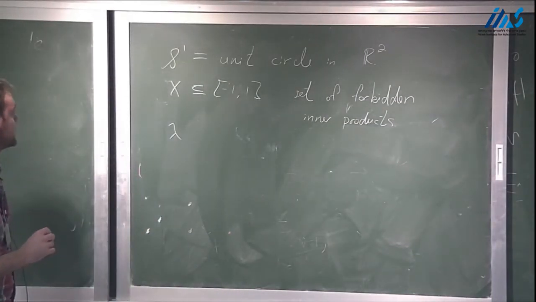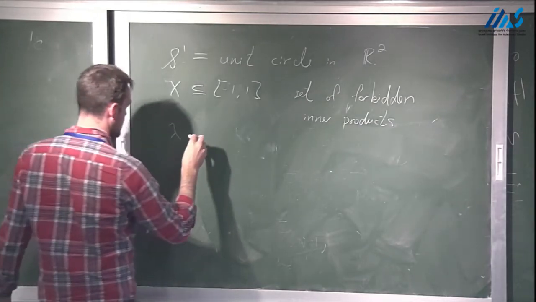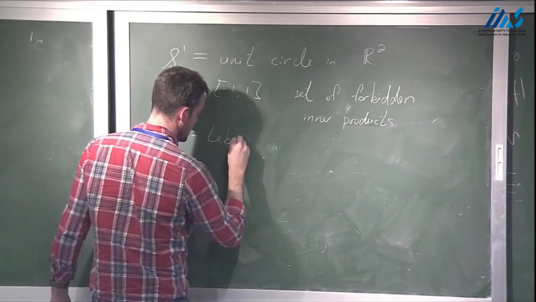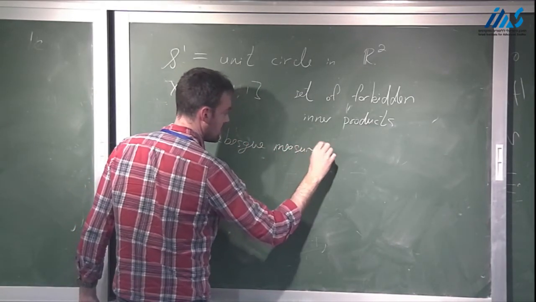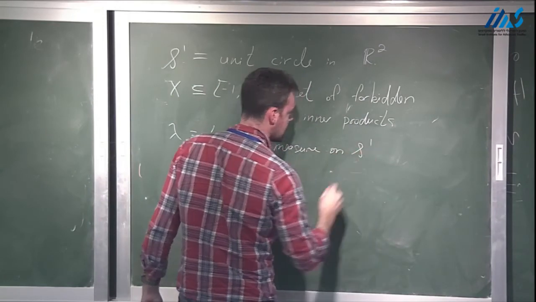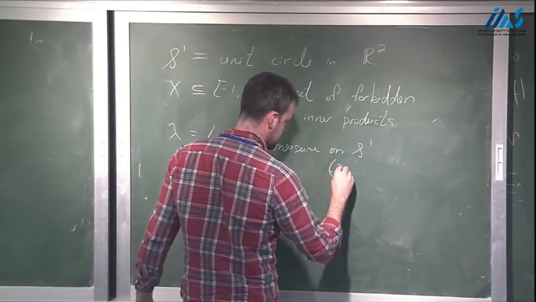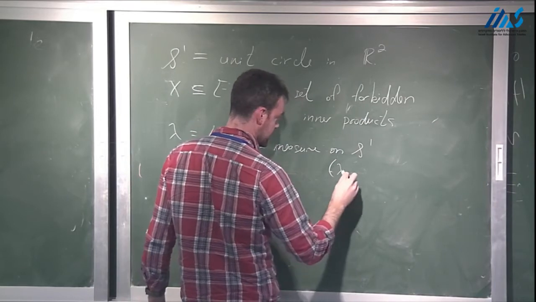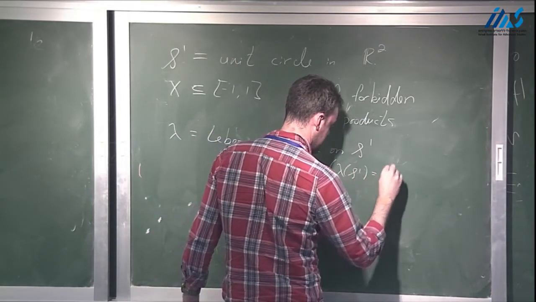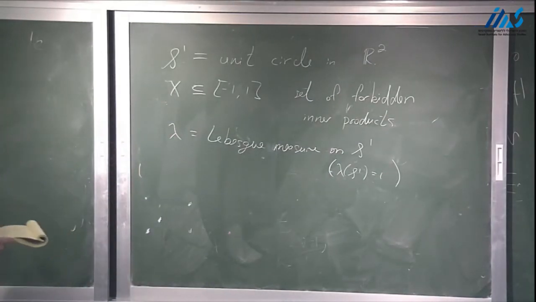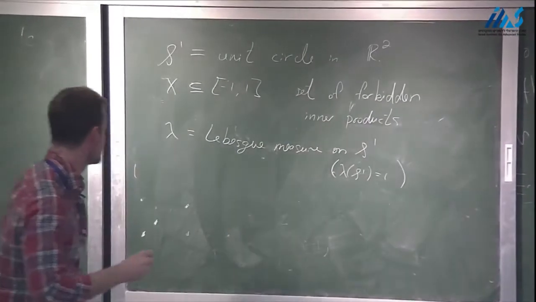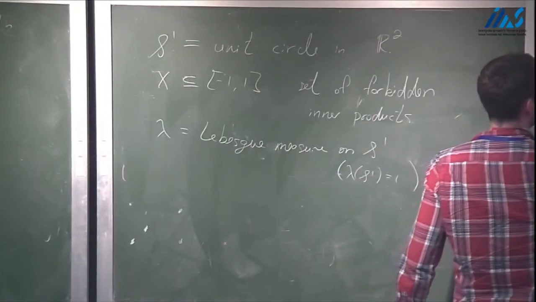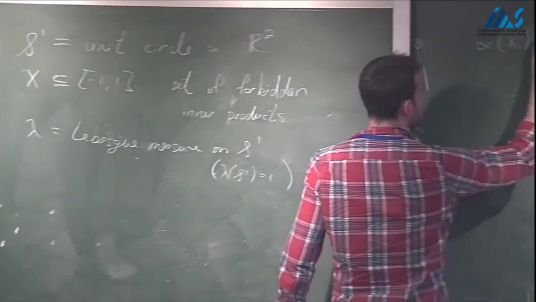I'll use lambda to be the Lebesgue measure on the unit circle, and I'll always normalize so that the whole circle gets measure 1. And so in a lot of my work, I'm interested in the following number.